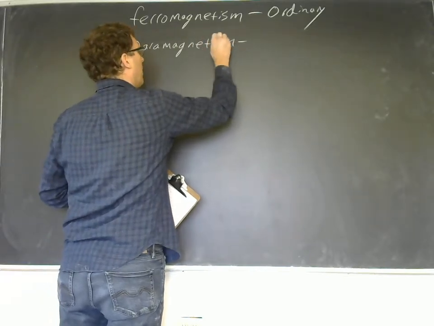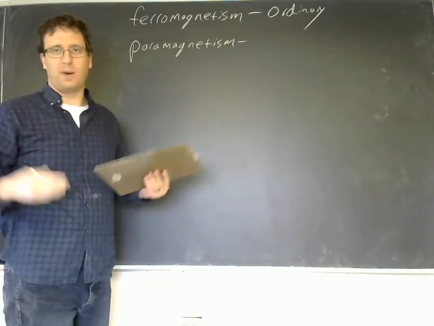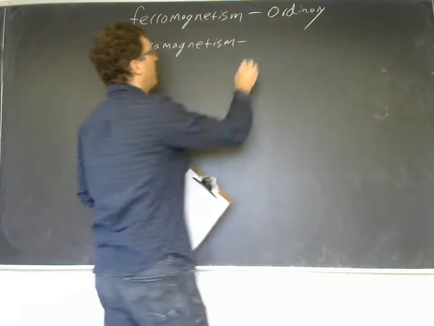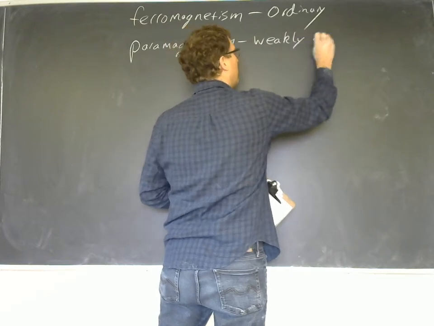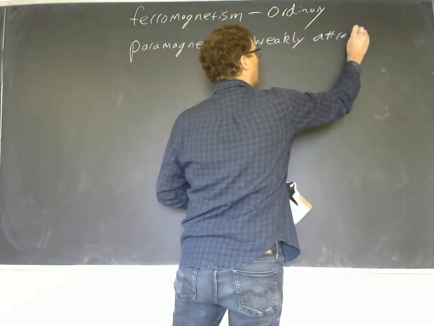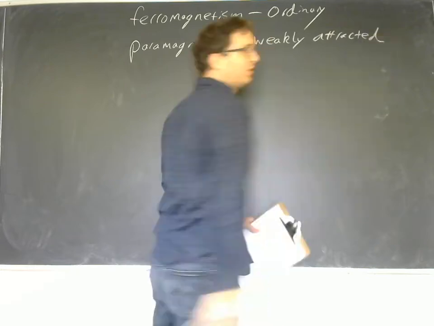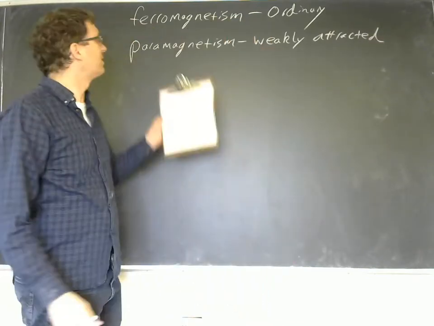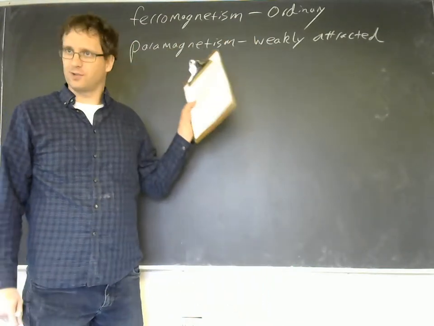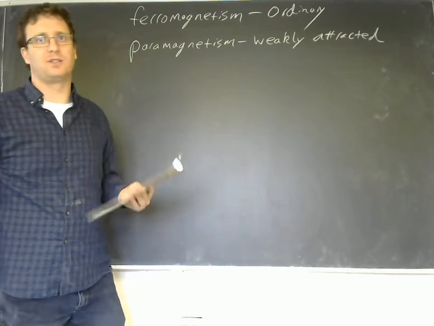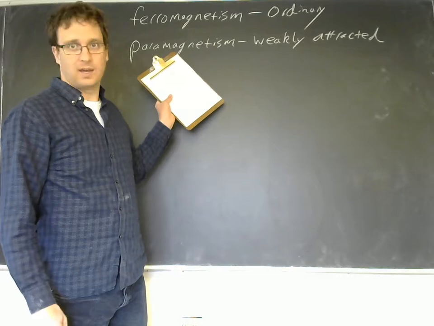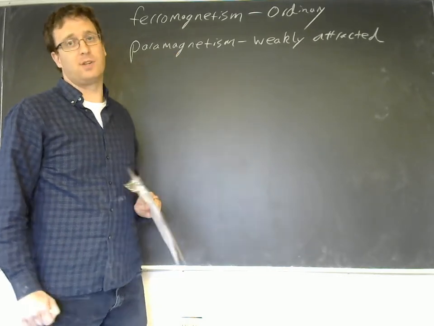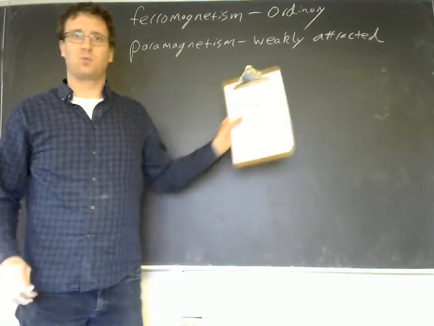And paramagnetism, or paramagnetic materials, are weakly attracted to a magnetic field. It's not nearly as strong as a refrigerator magnet. It's not going to hold up any children's art to the refrigerator wall, but it can be measured. It can be observed in the lab. So paramagnetism is weakly attracted to a magnetic field.